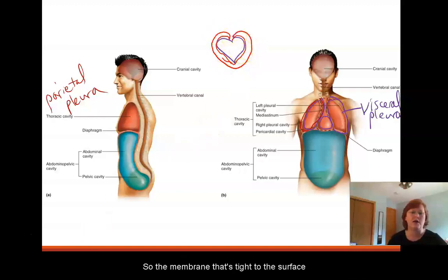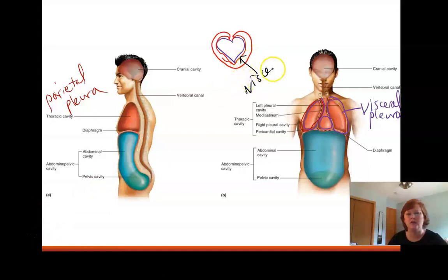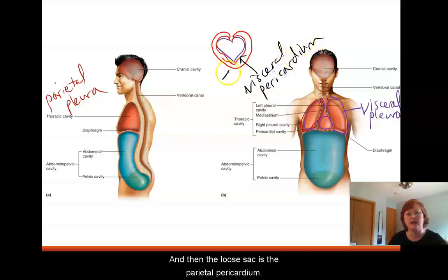So the membrane that's tight to the surface is going to be the visceral pericardium, and then the loose sac is the parietal pericardium.